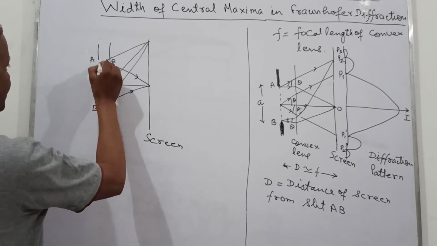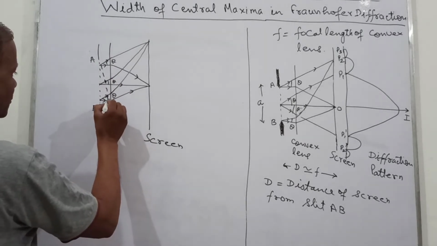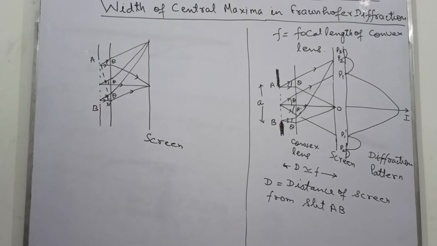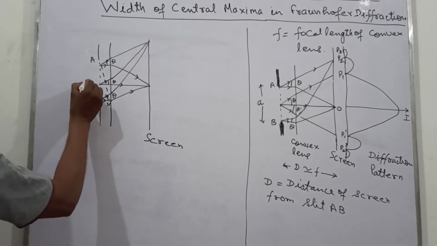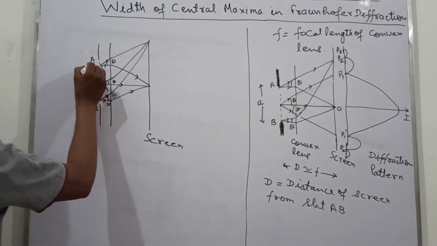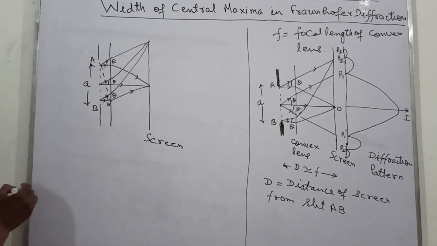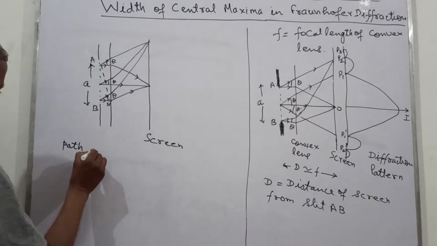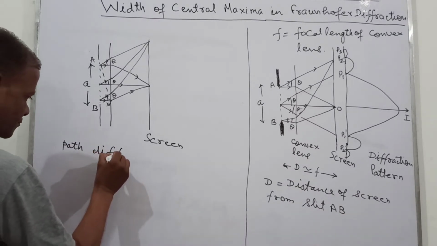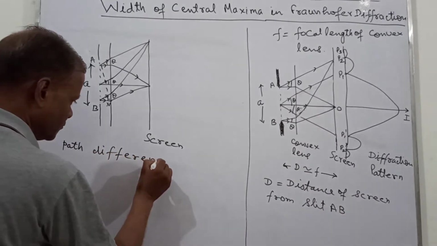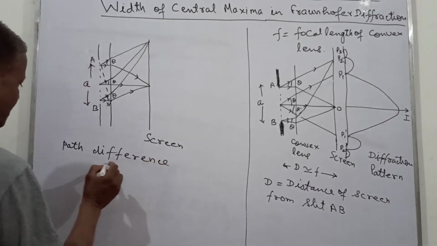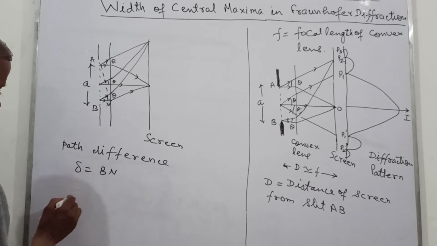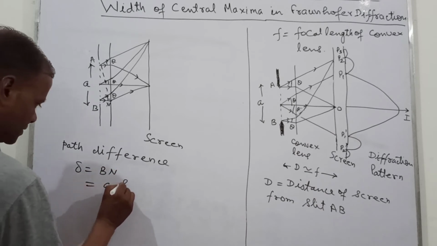This is point N, suppose. So path difference delta equal to BN, and this is equal to a sin theta.